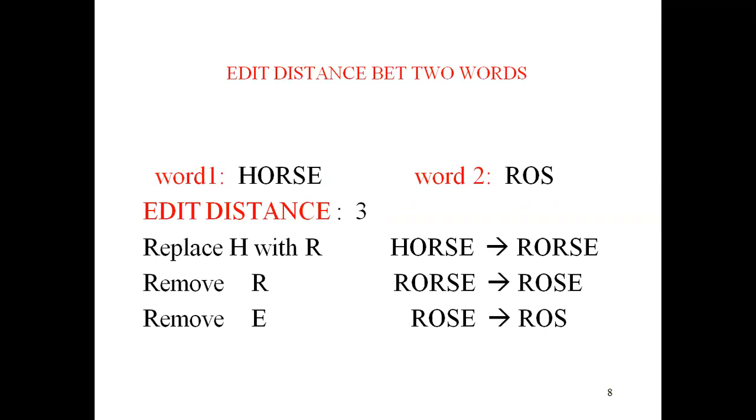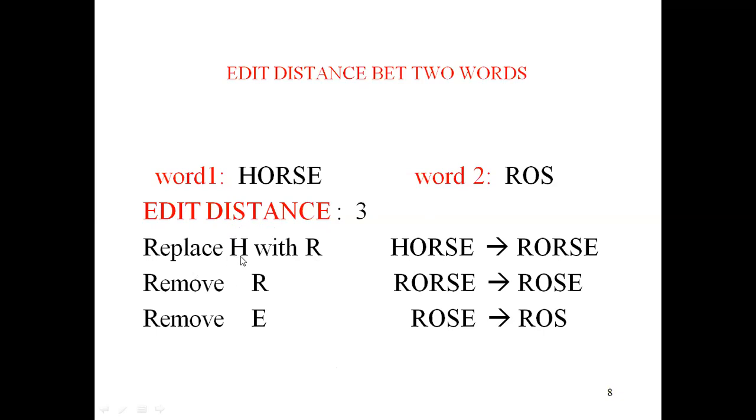Now we want to convert this word into the word ROS. What will you do? Just observe these two strings and find the edit distance.